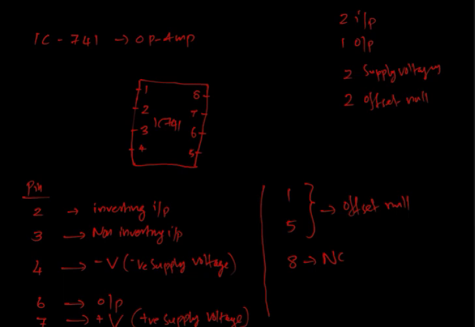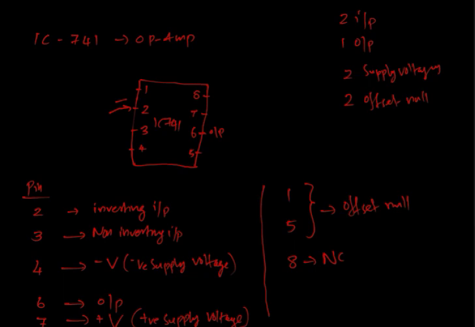Pin 2 is the inverting input terminal. Whatever voltage is applied to terminal 2 will be amplified and obtained across the output terminal 6, but there is a phase difference of 180 degrees between the applied signal and the output voltage.